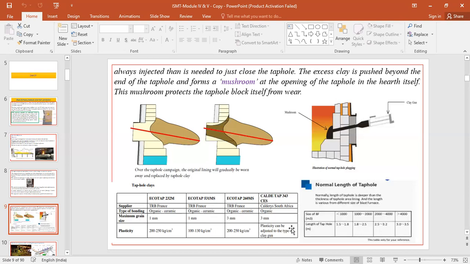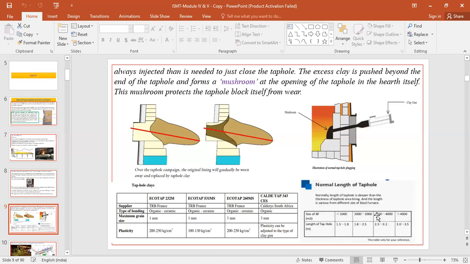Also, the length of the tap hole, how much we need to fill the tap hole, again depends upon the size of the blast furnace, and the depth of the drilling varies from furnace to furnace, and that is also mentioned in this particular table. If the size of the blast furnace is less than 1,000 cubic meters, then the length of the tap hole should be approximately 1.5 to 1.8 meters.